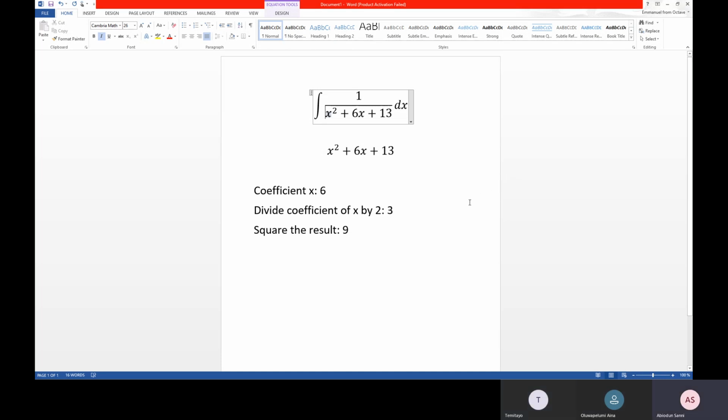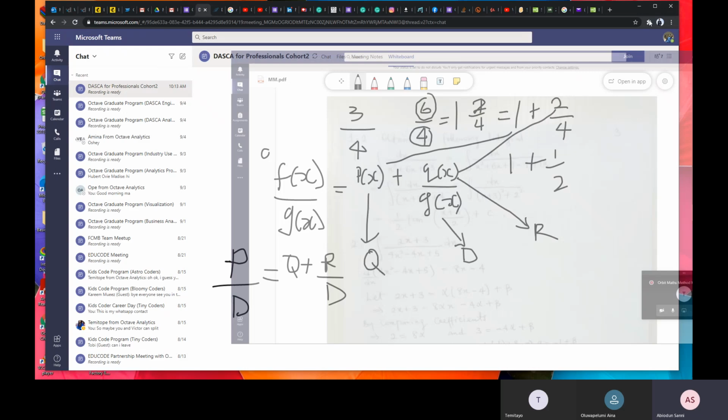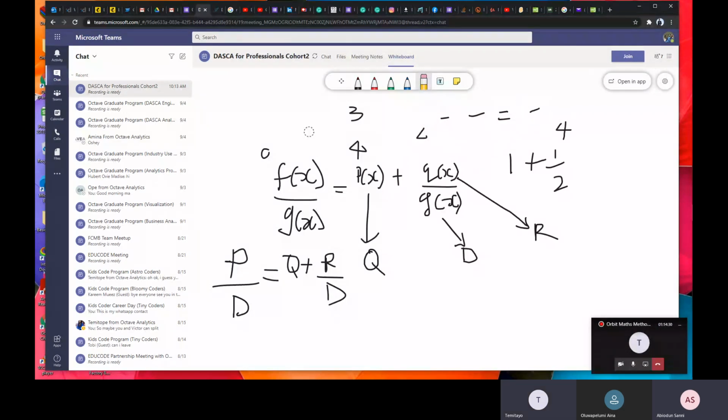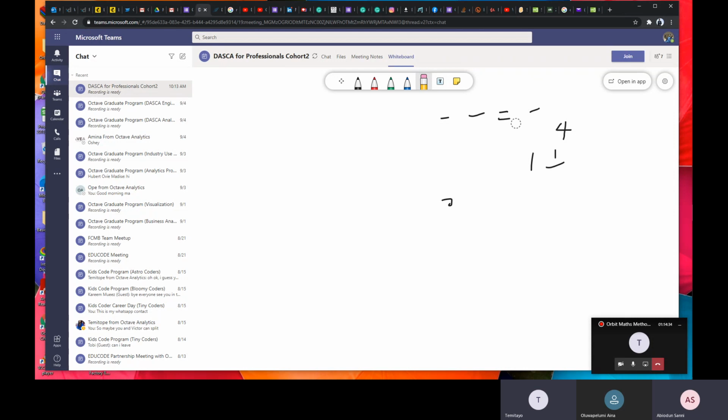Kwame, are you following? No. What's the problem? What you just said. So let me go to my screen here so that you can get what I'm saying. Let's say my coefficient of x squared is not 1.